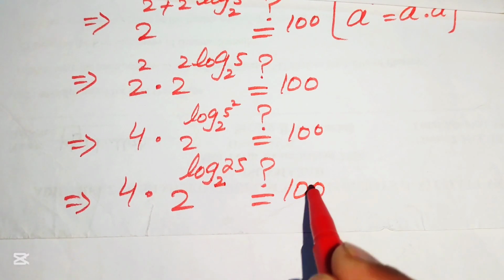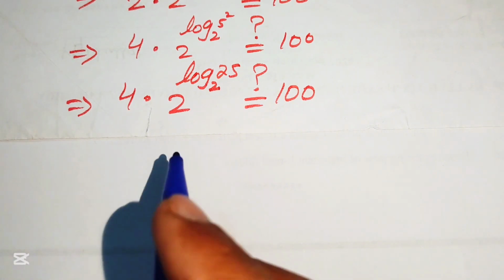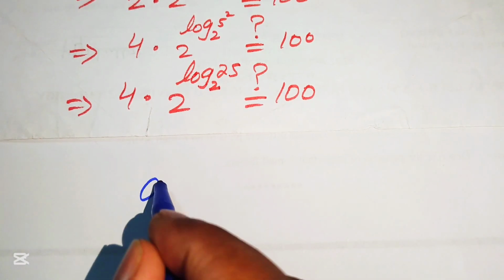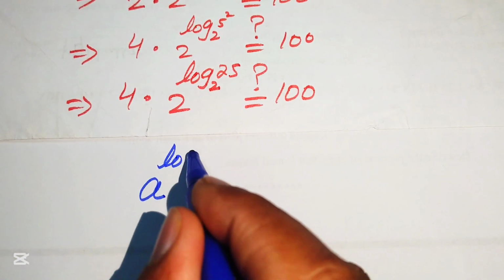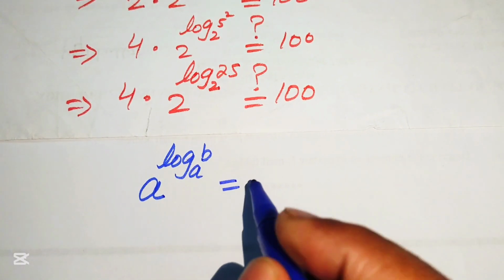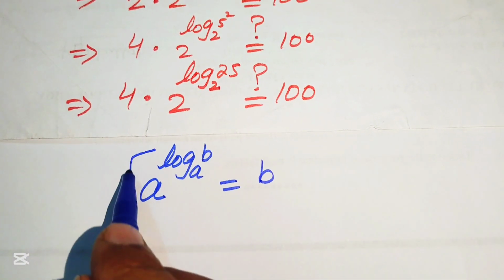Okay, so after this step we need to apply another exponent law and another logarithmic law. So you know about this law. If we have a to the power of log base a of b, we know that the value of this type of expression equals b only.